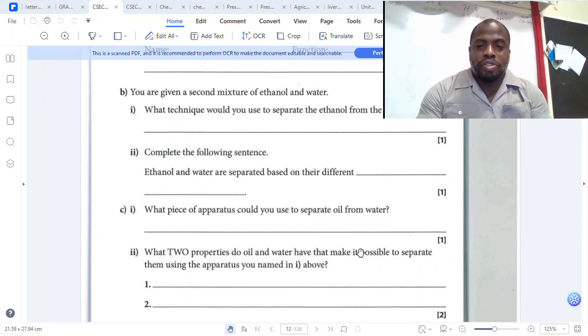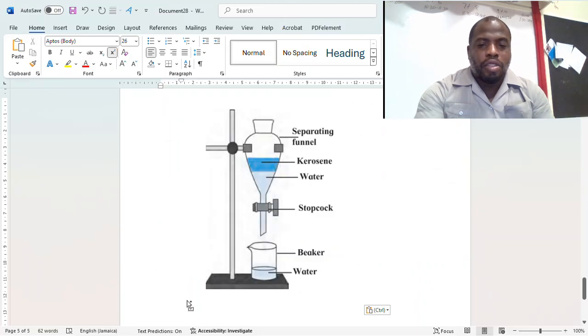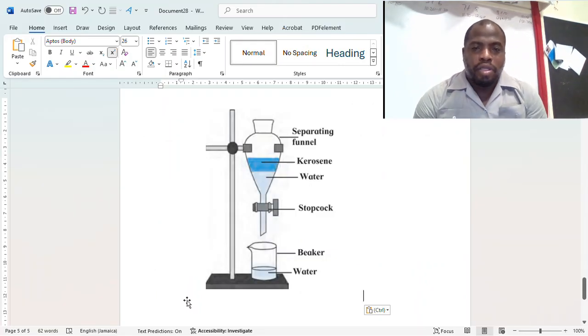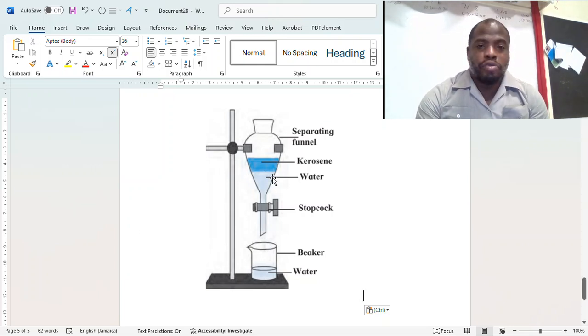And I can bring you to a diagram. So here we have the example of the separating funnel. And so these are showing you two liquids that are not capable of mixing. We call them immiscible. So the separating funnel has a stopcock, and what you will do is to open.